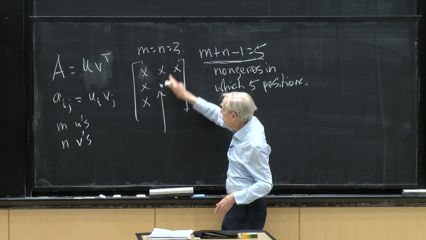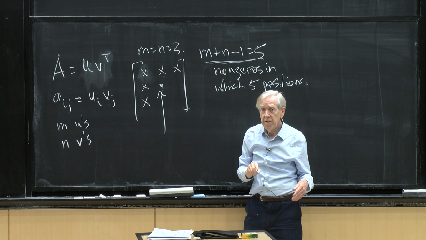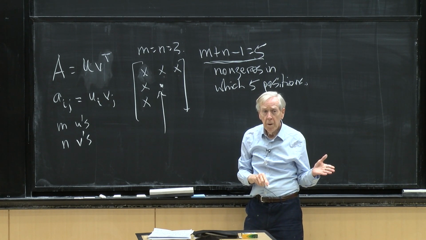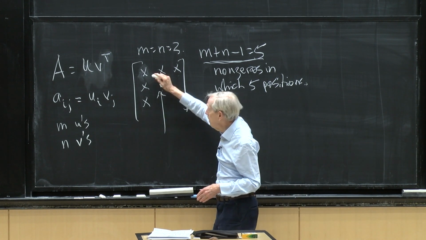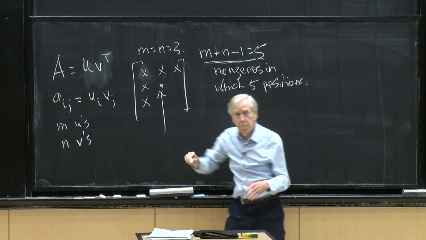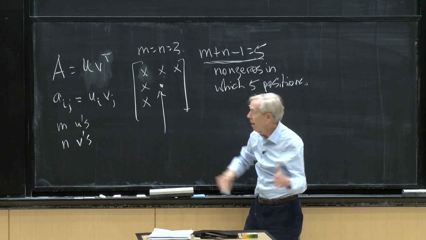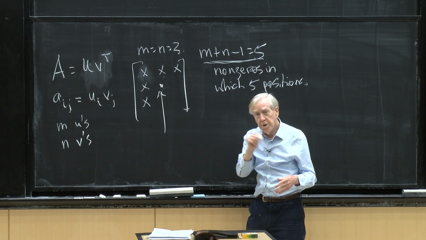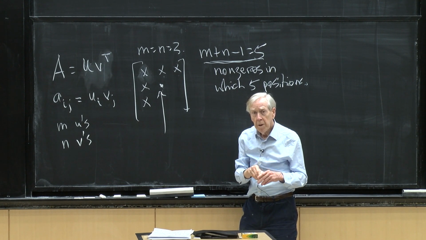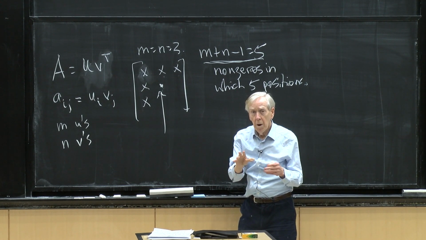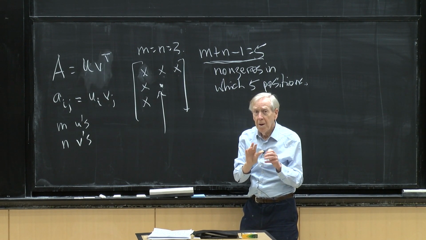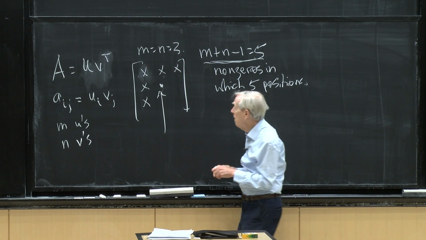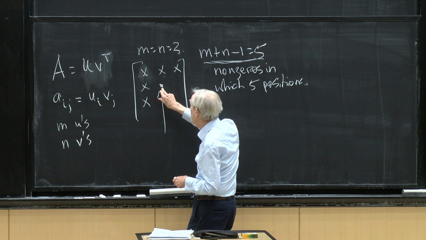In fact, that little 2 by 2 determinant would have to be 0, right? All the columns are supposed to be multiples of one column. All the rows are supposed to be multiples of one row. All the 2 by 2s are rank 1, and rank 1 for a 2 by 2 means determinant 0. So I would know what that one had to be.